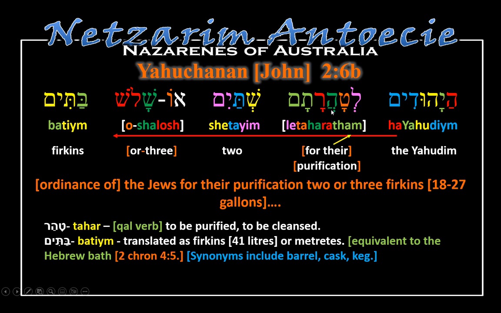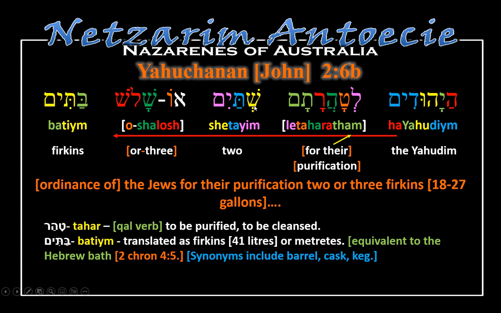Le taharata, for their purification. Now the lamed is for. Tahar means to purify or to cleanse. And then we've got the at the end, meaning their. So if we look down here, we've got tahar, is a kal verb, to be purified, to be cleansed.